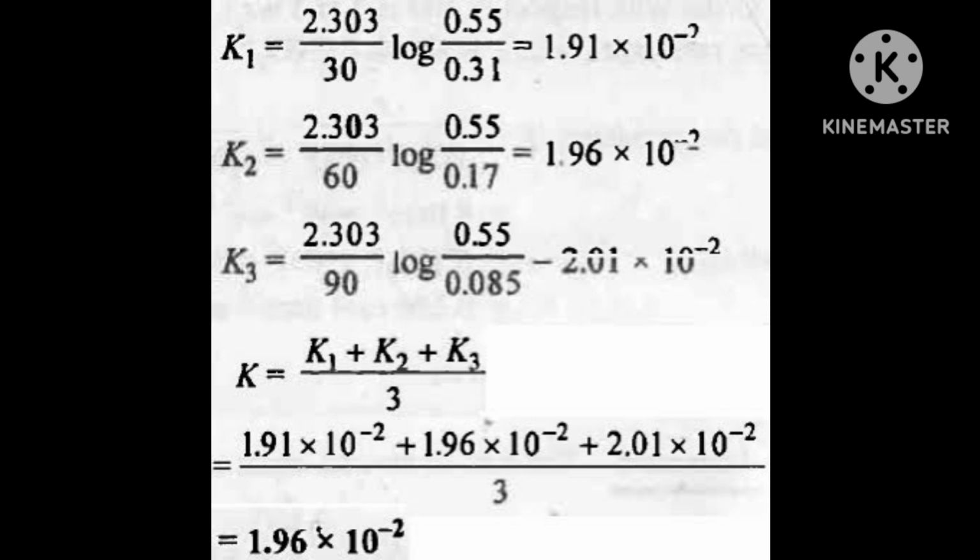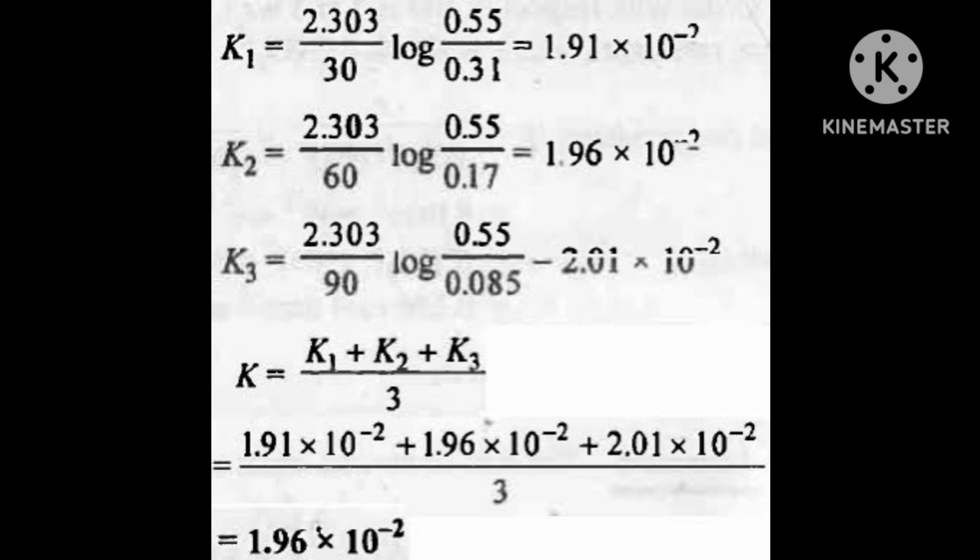So K30 equals 2.303 over 30 times log of 0.8500 divided by 0.8004. If you solve it, you will get the value 2.004 into 10 to the power minus 3. This value you get at 30 minutes.